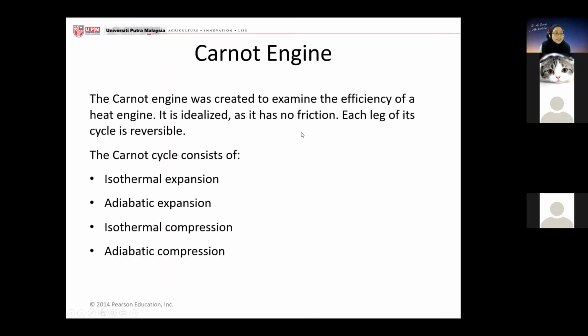So the Carnot engine is actually a theoretical engine. It's not an actual engine, because in this sort of engine there is no friction, which is actually impossible, which is why it is an ideal type of engine.